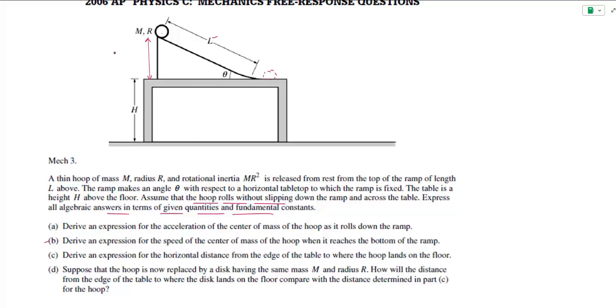What is that height? That is L sin theta.